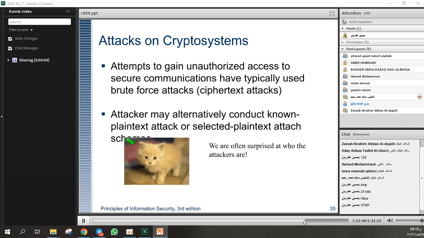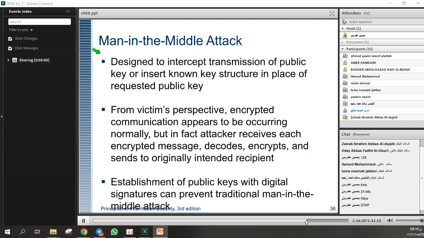The other 50% is related to the security tools. 50% of the problem is related to the people who access my systems, those platforms, hardware or software. So we are often surprised at who the attackers are.